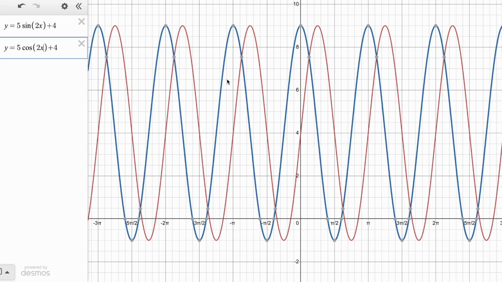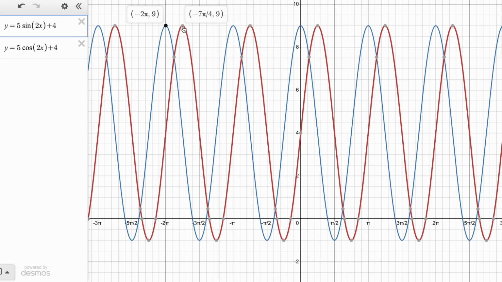So as you can see, the blue is what we've graphed. If we look at the specific points, notice that to make our blue graph into that red graph, all we have to do is horizontally shift it to the right by pi on 4.